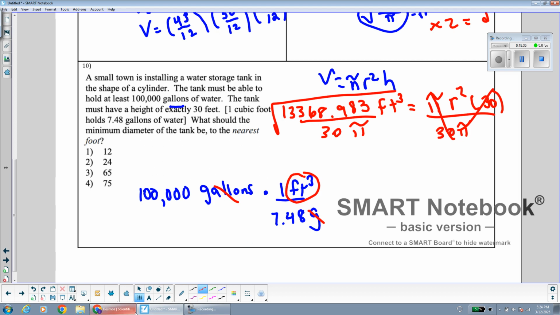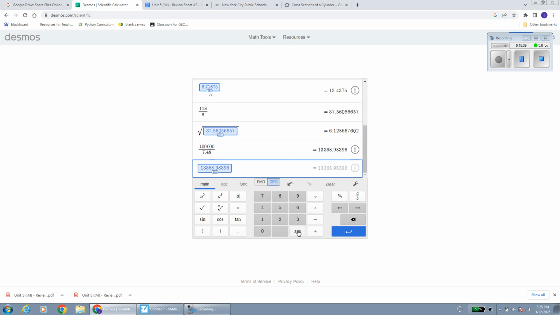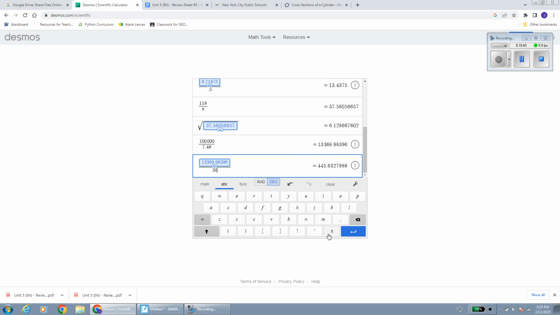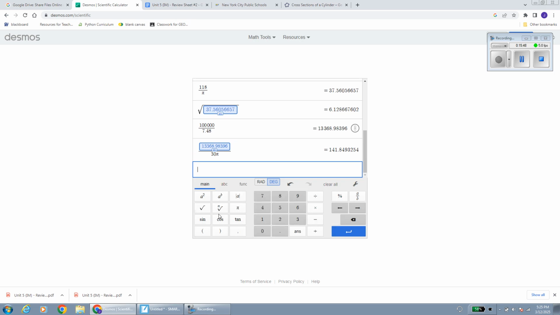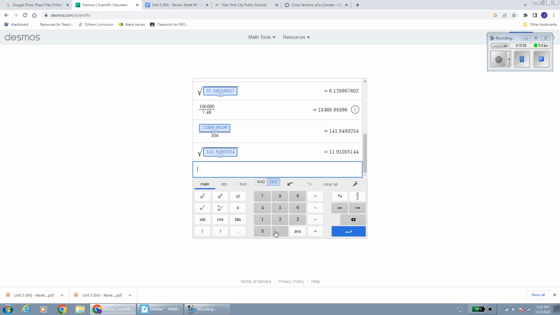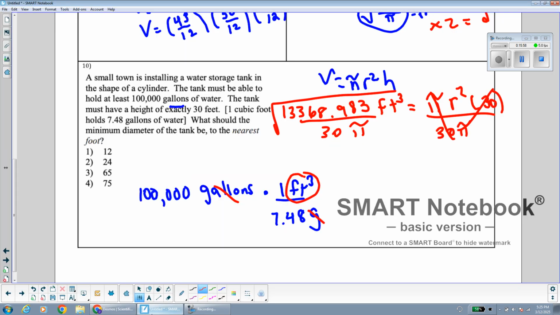So let me divide by 30 pi. And then we're going to take the square root of that. And that's the radius. So I do have to double it to get the diameter, about 23.8. So that's about 24.